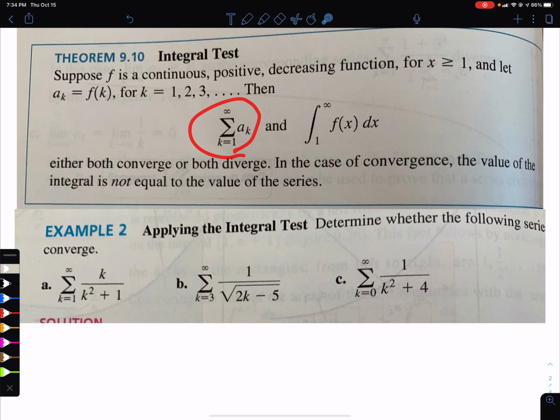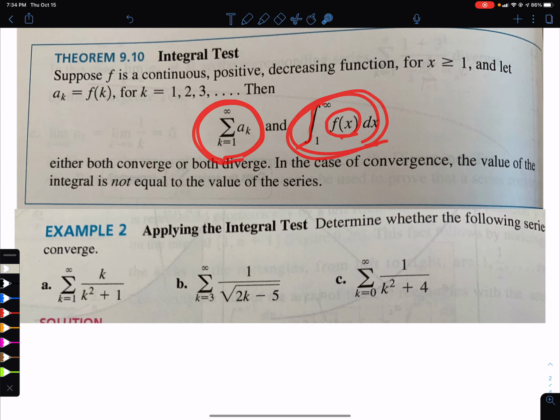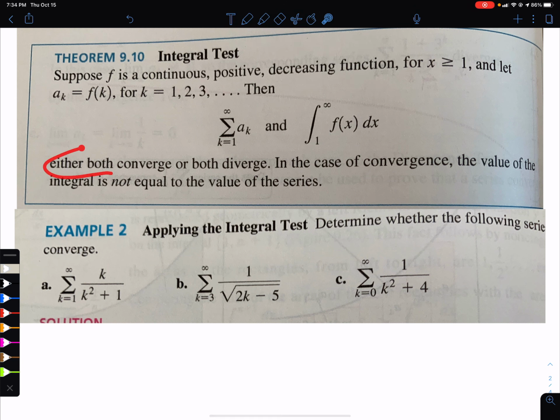If I notice I'm able to integrate this term, if a sub k is integrable, then I can integrate this thing, and whatever this does, if that converges, that converges. If this diverges, this diverges. They both do the same thing. So either both converge or both diverge. Okay, so that's what it's saying.